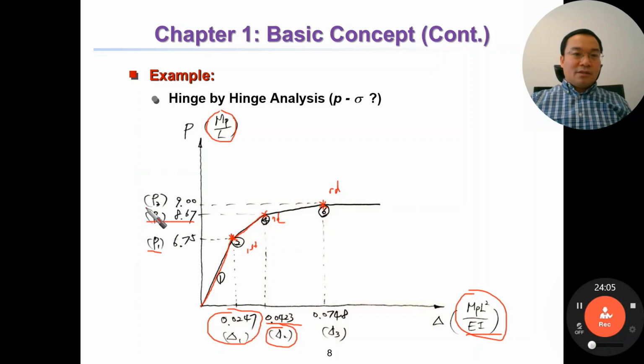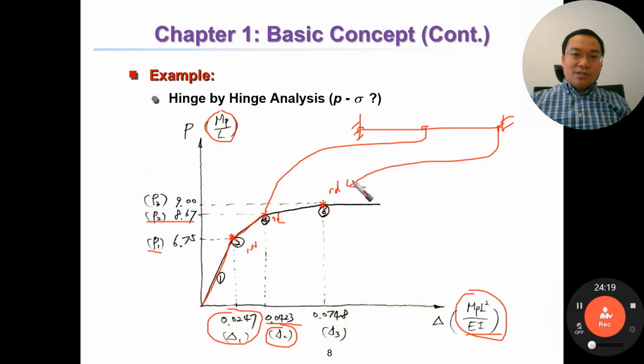For the third hinge, we have a structure like this. So the first hinge here and the second hinge here correspond to this point, and the last hinge here corresponds to this, and P3 equal to 9 multiplied by this one, and the deflection is here, the total deflection. So we can plot the force deflection curve.